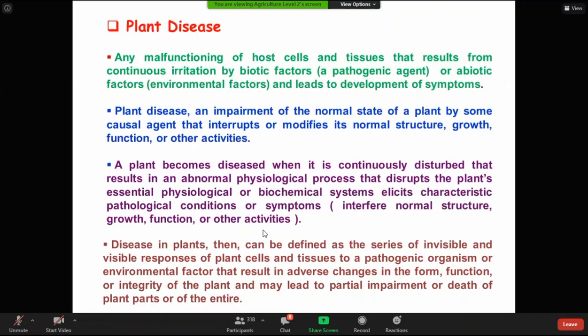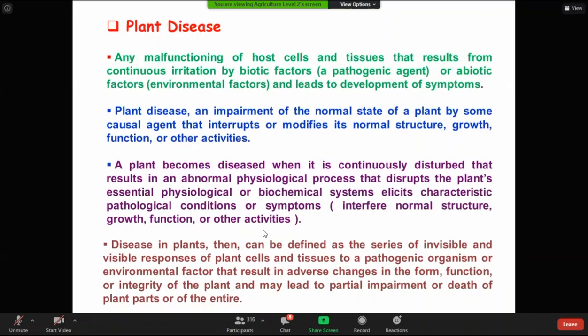Another definition. Moreover, plant disease can be defined as the series of invisible and visible responses of plant cells and tissues to a pathogenic organism or environmental factor that result in adverse changes in the form, function, or integrity of the plant and may lead to partial impairment or death of the entire plant.